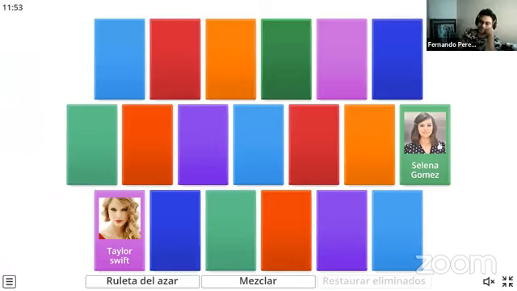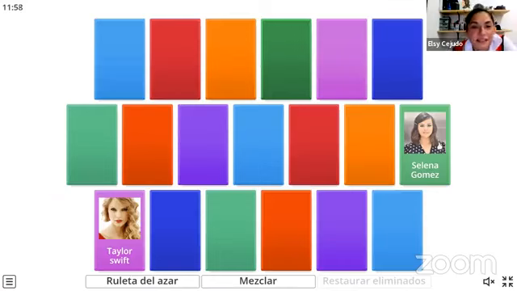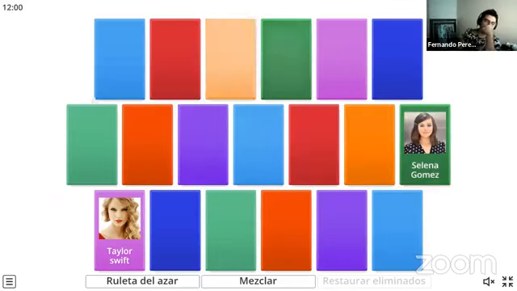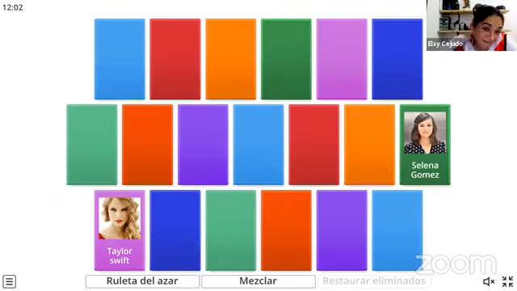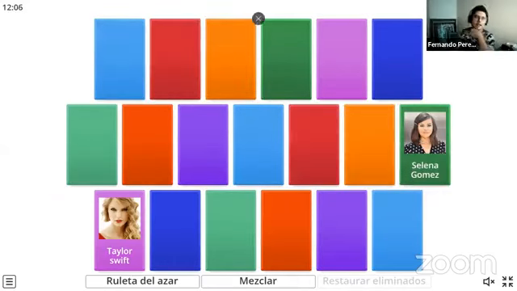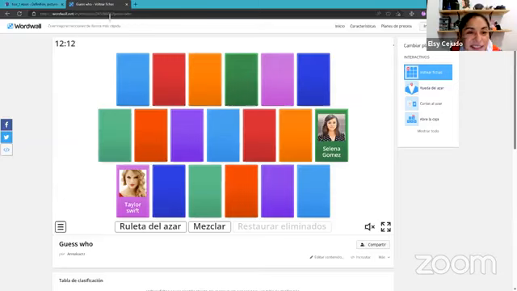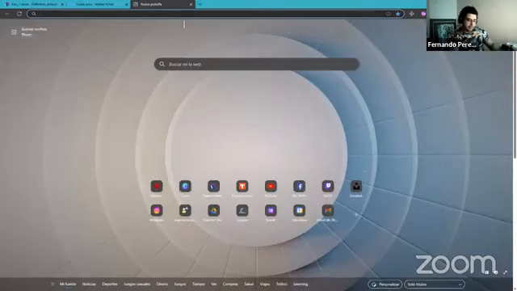In the... las puntas. How do you say that? Yes. The edges. Well, kind of. How do you call that? Let me check it. I think it's the ends.